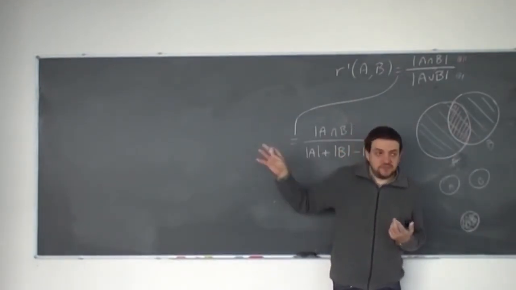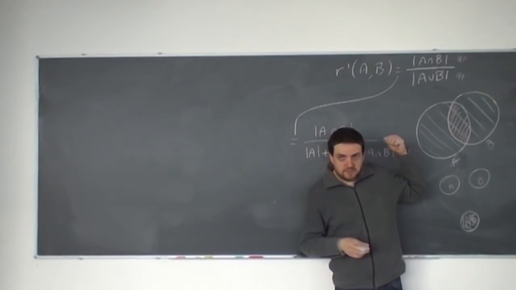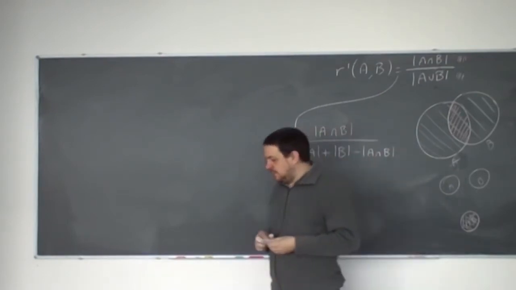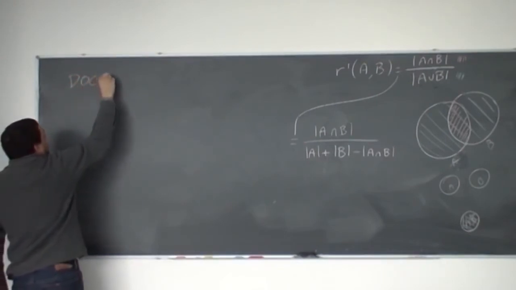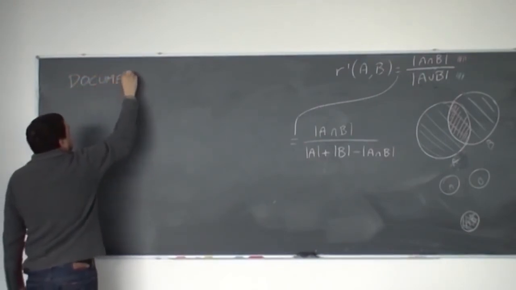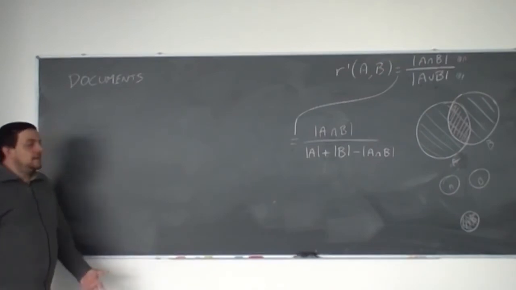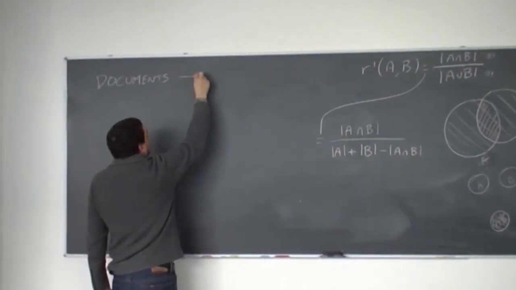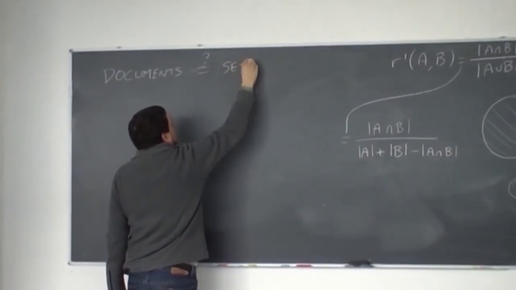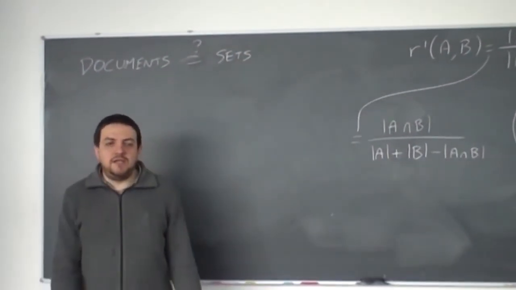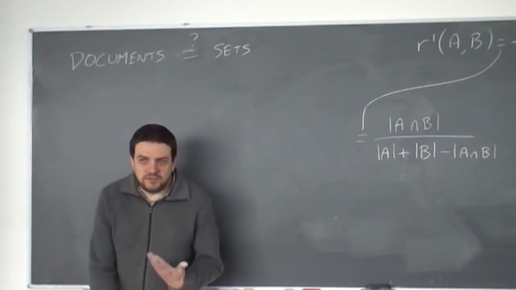So either of the vector space or sets. So start from documents. Can we see documents as sets? And if so, sets of what?